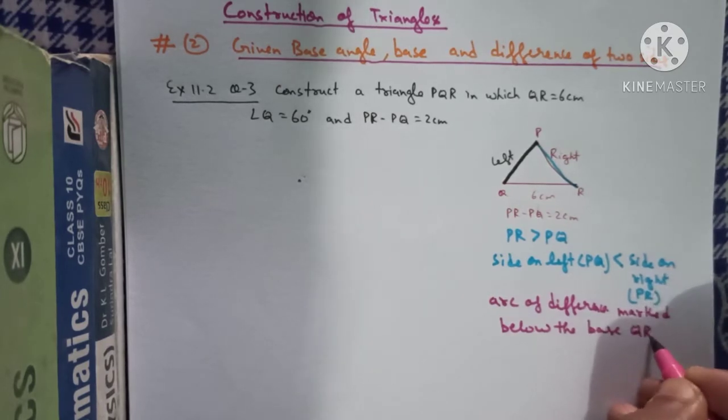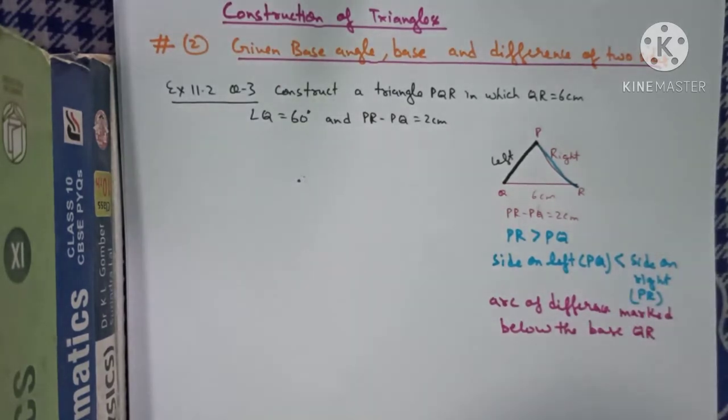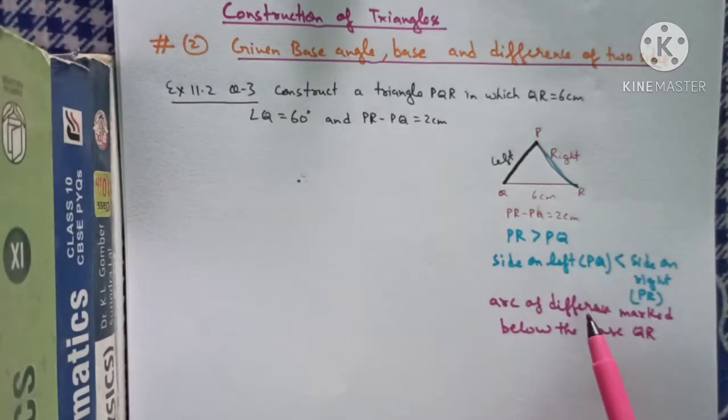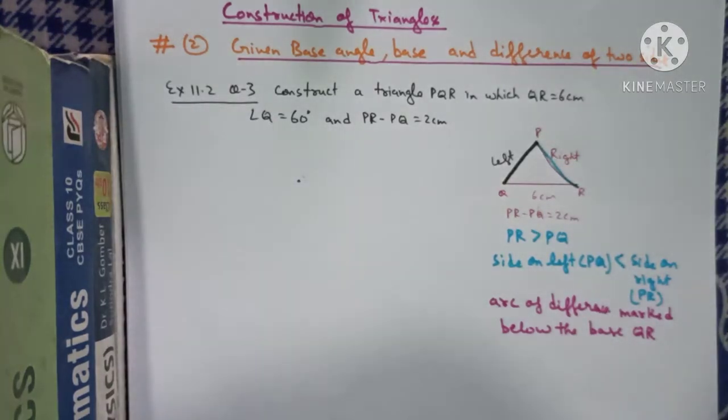This is a very important difference. This you have to keep in mind while constructing the triangle with the difference of sides. If the side on the left is greater, then the arc of difference will be marked above the base, and if the side on the left is smaller, then the arc of difference will be marked below the base.